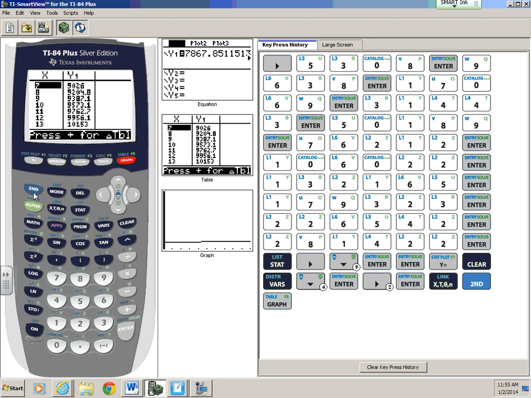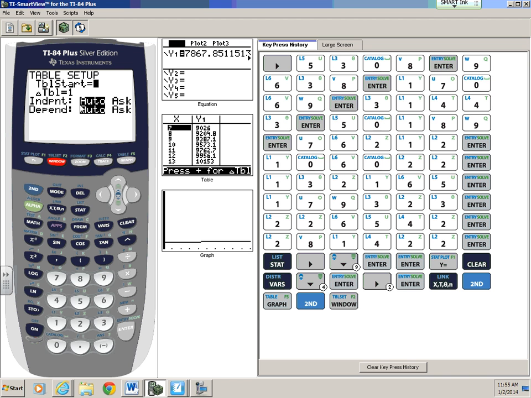So what we want to do is, let's go to our table set. Now you see where it says that little triangle is delta, the Greek letter delta, which stands for change. So that means my x values are changing by 1, which you can see over here on the table. I'd rather have them change by 20 for the moment, because that's what we were counting by.